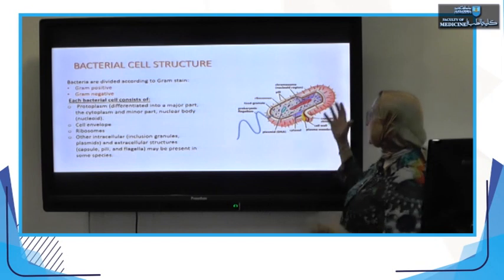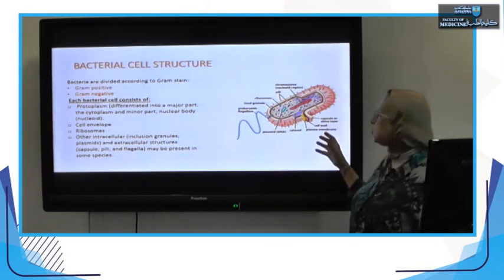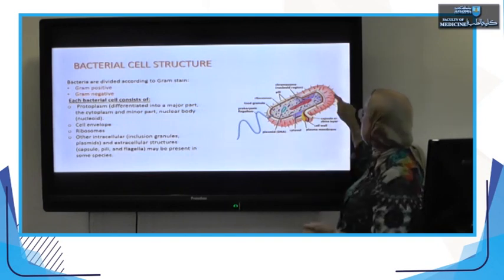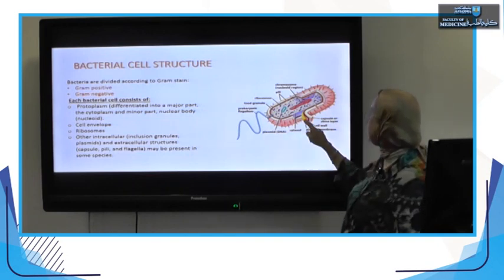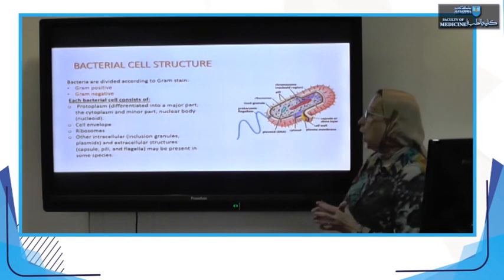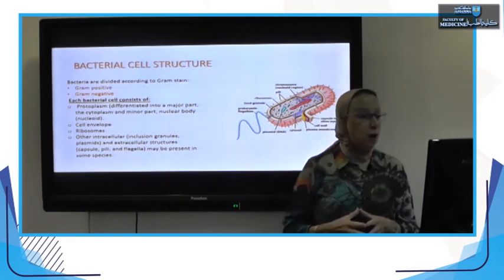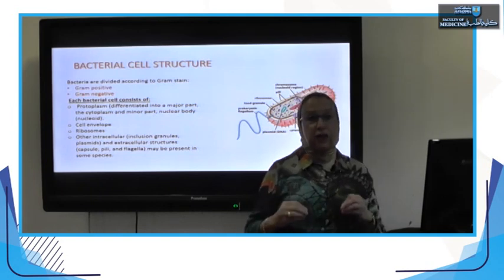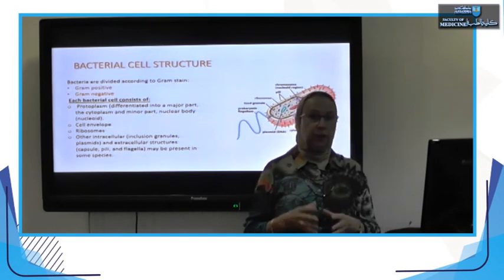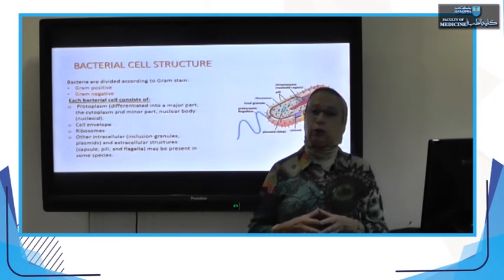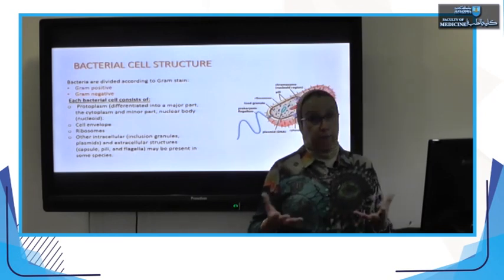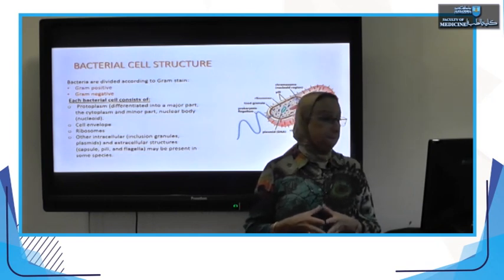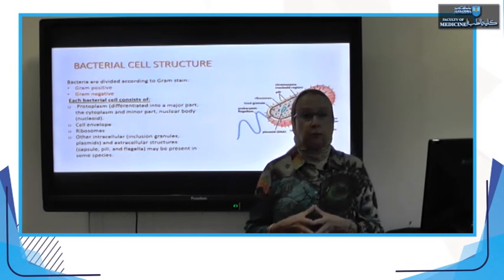Now, the bacterial cell is composed of a protoplasm which is enclosed in the cell envelope. This is the cell envelope. The protoplasm is composed of the cytoplasm and intracytoplasmic structures that are to be discussed later, like the nucleoids, the ribosomes, inclusion granules, and the plasmids.